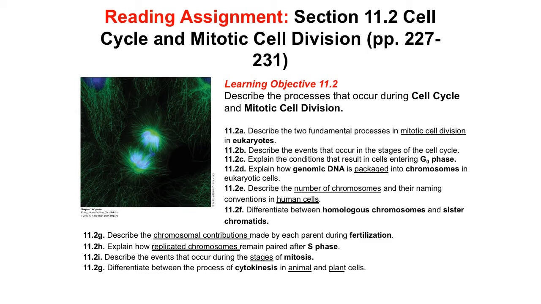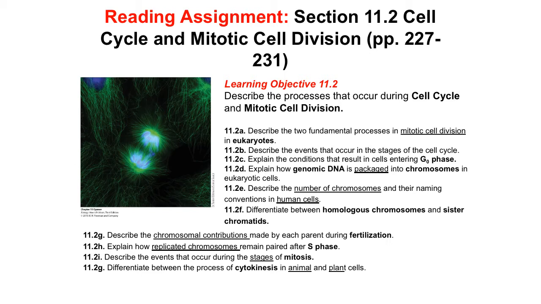Again, this is vocabulary that you need to not just memorize, but need to understand where they are in the course of mitosis. G, to describe the chromosomal contributions made by each parent during fertilization.